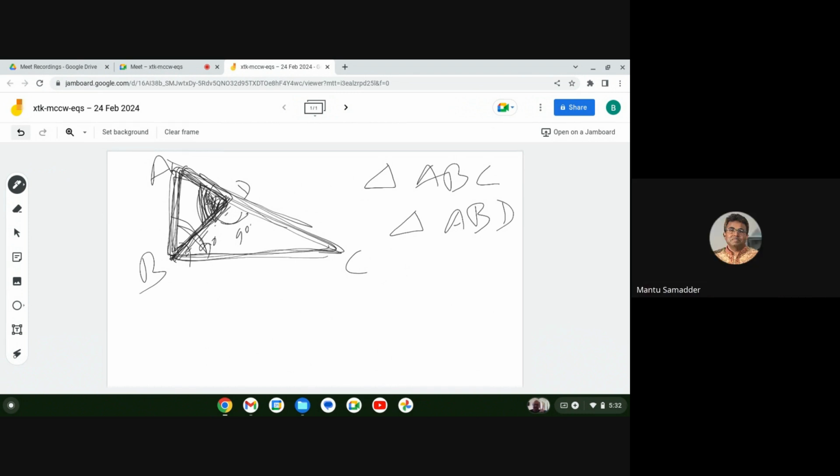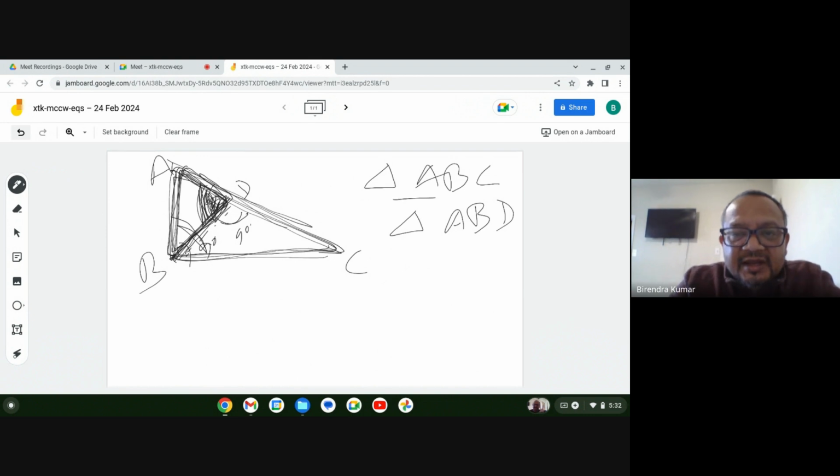So between the triangle ABC, the bigger one, and this smaller one, ABD, two angles have matched because angle A is common and this is 90, this is 90.